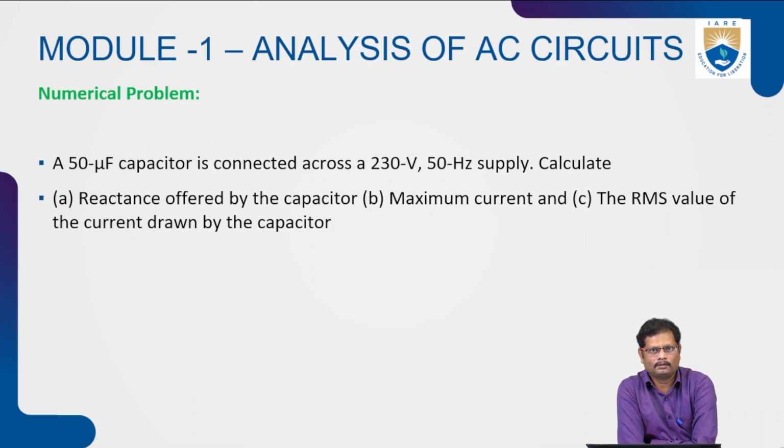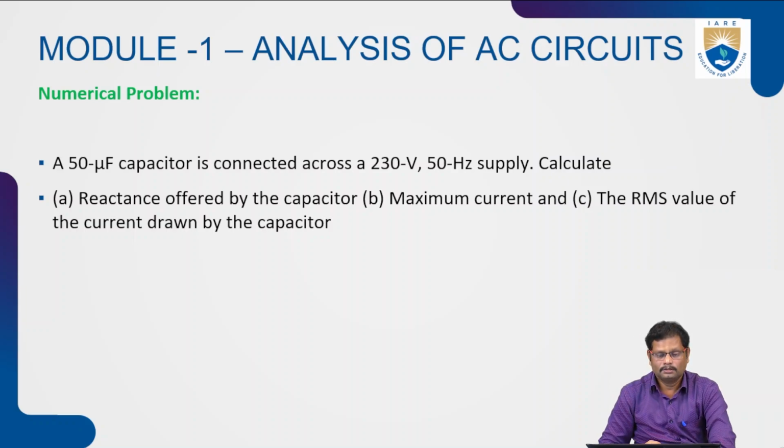Here, a 50 microfarads capacitor. The unit for capacitance is farads, microfarads, and the unit for capacitor reactance is ohms. A 50 microfarads capacitor is connected across a 230 volts, 50 hertz supply.